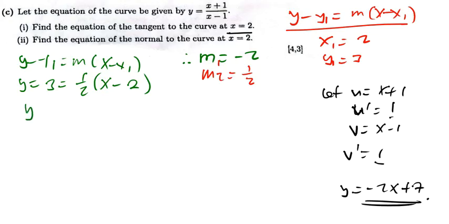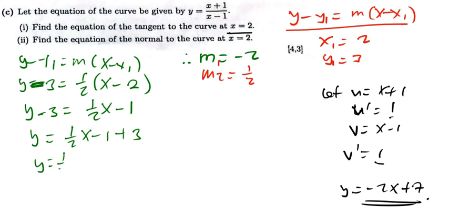So y minus 3 is equal to half, x minus half times 2, that's going to give me 1. So y will be equal to half x minus 1 plus 3. y will be equal to half x plus 2. So this is my equation of the normal.